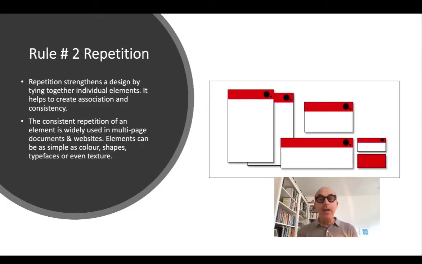The second issue is the idea of putting together individual elements in repetition, and consistency in the repetition will make things a little bit smoother to the outside viewer who has not taken this class or any other design class. So repetition is important.